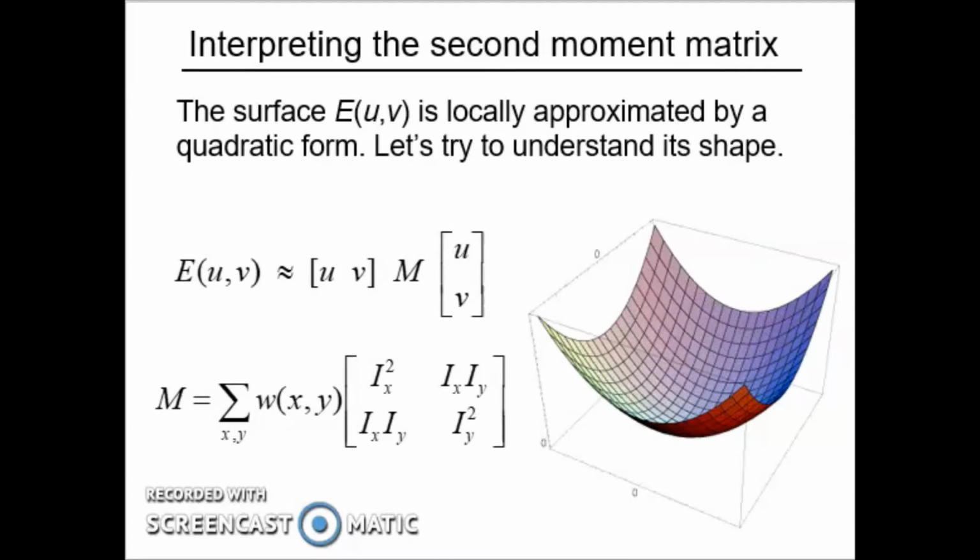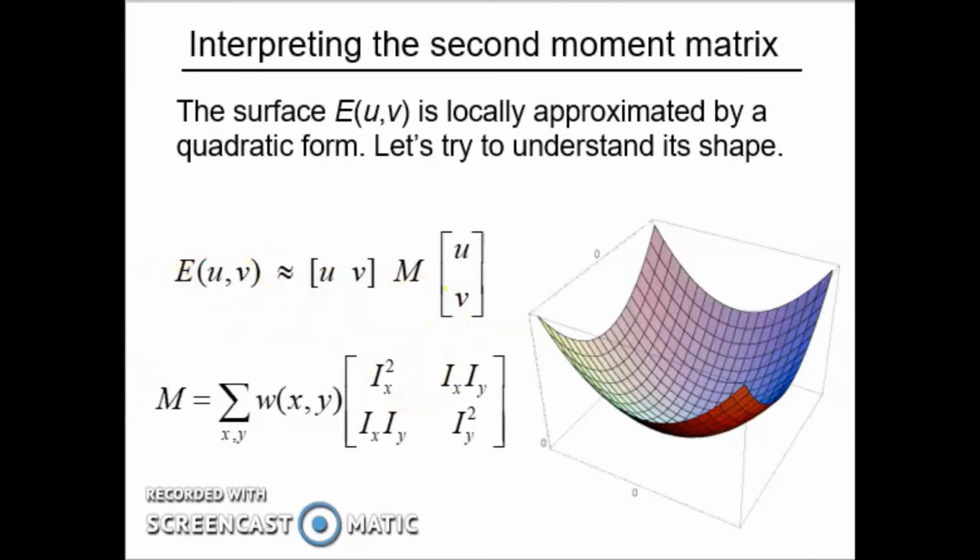Now, from all the previous discussion, we can easily see that the surface E of UV, let us assume that it is a surface, can be locally approximated in a quadratic form. And this is the form that we are talking about.